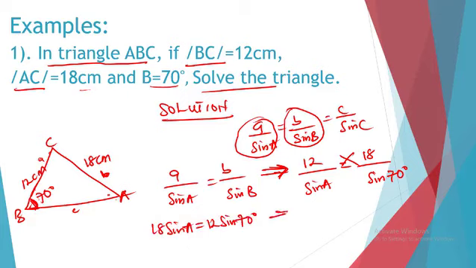Then we have sine A equal to 12 sine 70 over 18. That is making sine A the subject of the formula. Let's go over to the next page. We have sine A equal to 12 sine 70 over 18. Let's now find the value of sine 70.